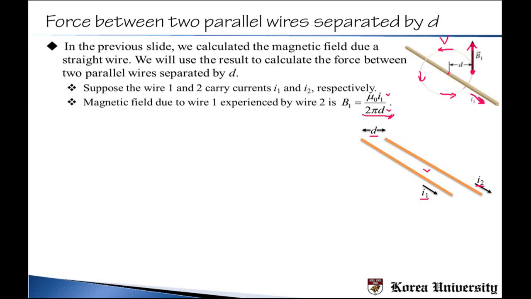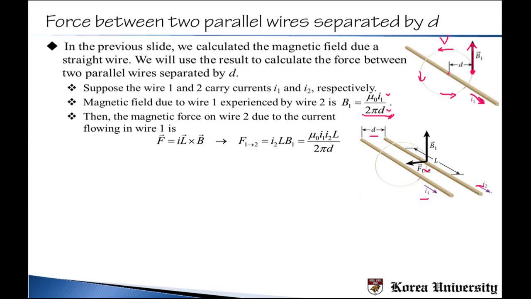Okay, and then what will be the force? In this figure, we have redrawn it so that there is a magnetic field going up, and the current will be flowing this direction. Then what will be the magnetic force? We already learned this equation. It will be the current multiplied by the length vector cross-producted by the magnetic field vector.